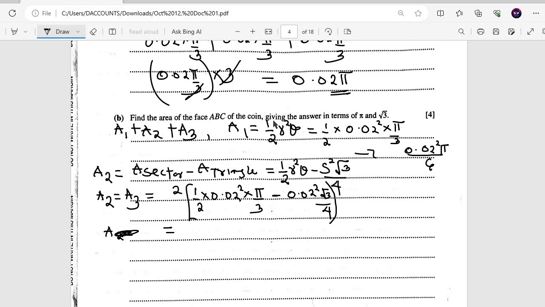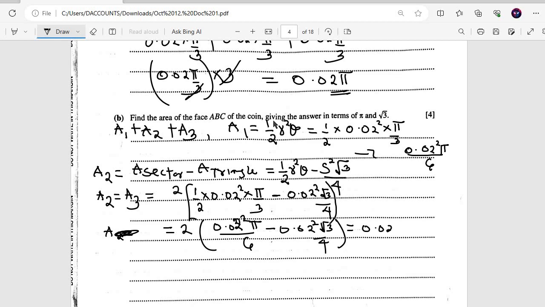So from here, I have 0.02 squared pi over 6 minus 0.02 squared root 3 over 4. Open the bracket by 2.